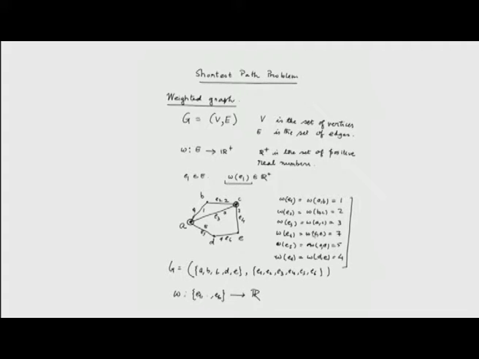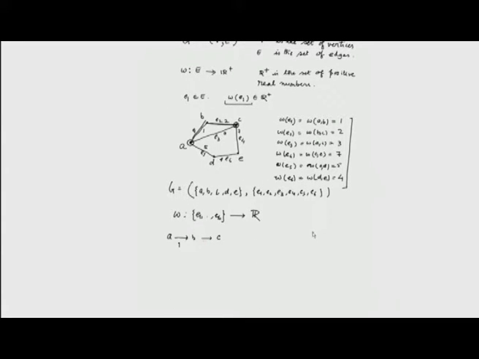One is A to B and B to C. A to B is 1, B to C is 2. So, the weight is 1 plus 2, which is equal to 3, the total weight, or otherwise we could have gone from A to C directly, the total weight is 3.